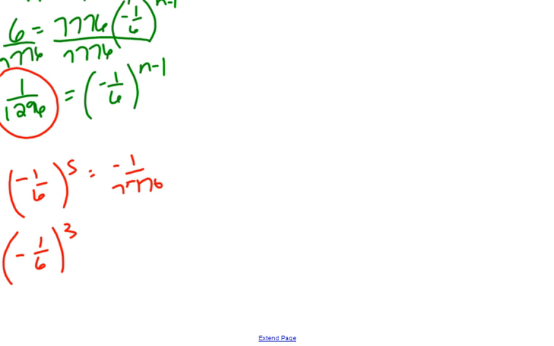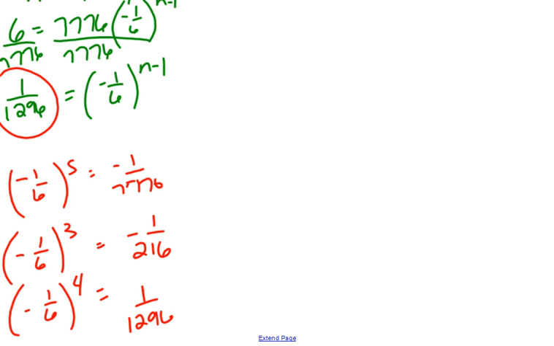If I do that, I get negative 1 over 216. So that's too small, right? I'm going to guess it's negative 1/6 to the 4th power, because it seems like my answer should be in the middle there. When I plug that in my calculator, I get 1 over 1296. So I found it now.